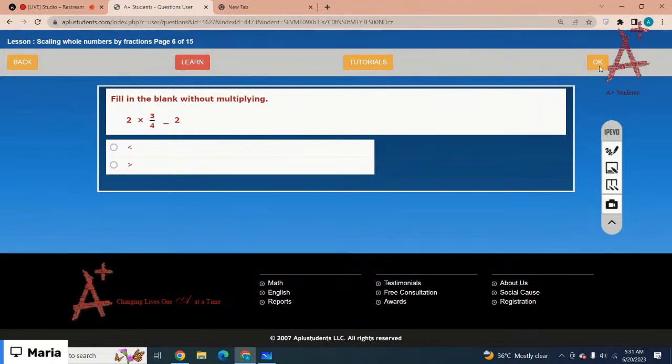Okay, 2 times 3 over 4. So which is the correct option? 3 by 4 is less than 1. Got it? So 2 times 3 by 4 is less than 2. It would be less.